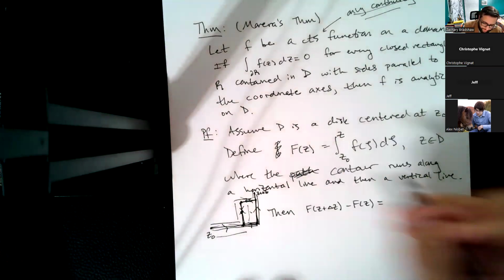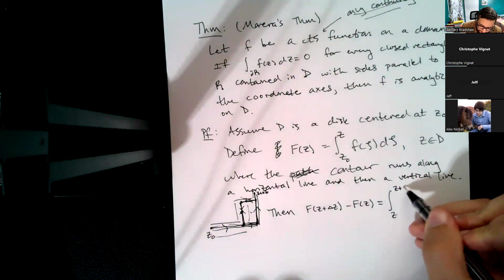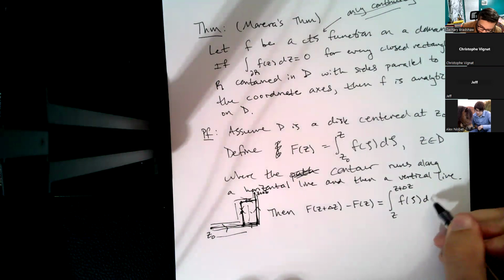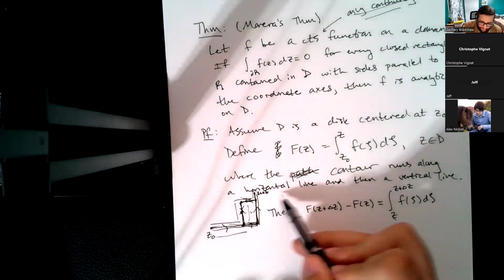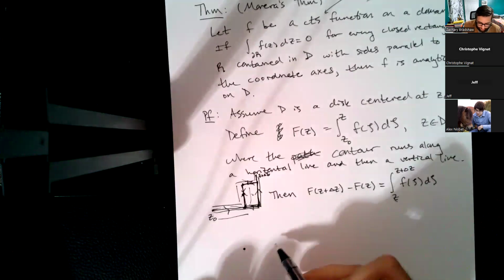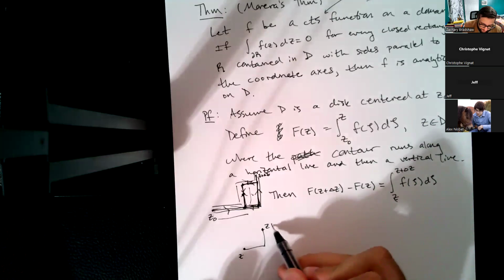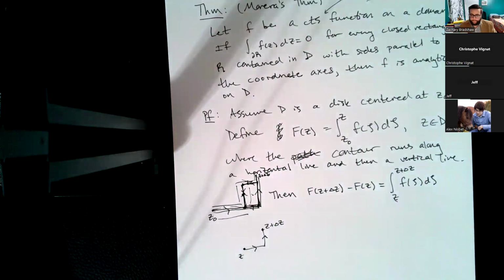And so we're left with the integral from z to z plus delta z of f of zeta d zeta, where this is just the horizontal line. I'll draw another picture down here from z up to z plus delta z, like so.